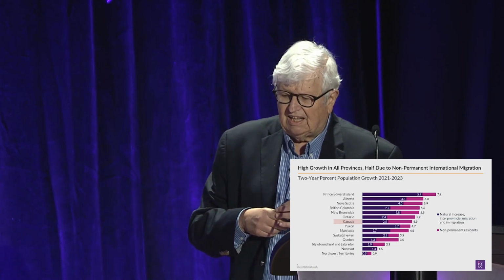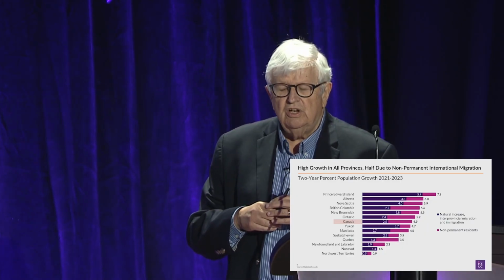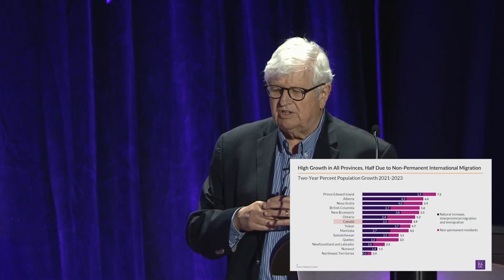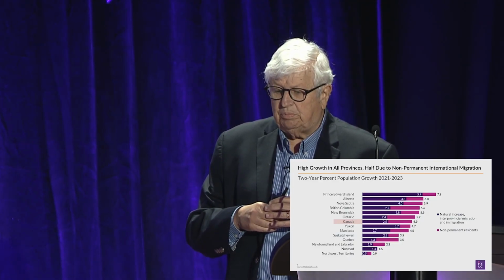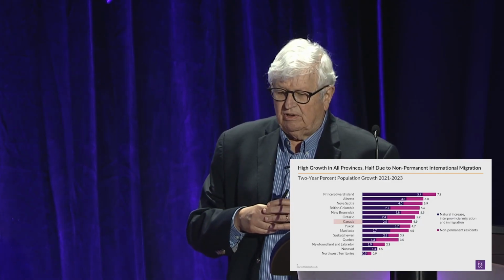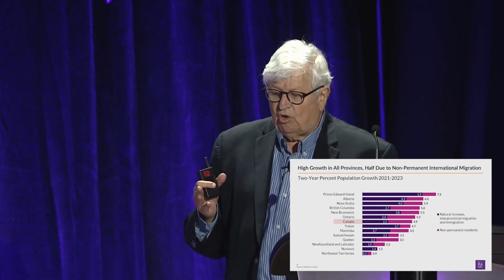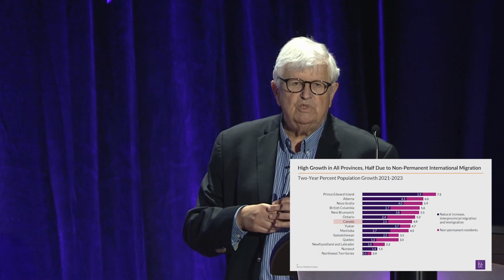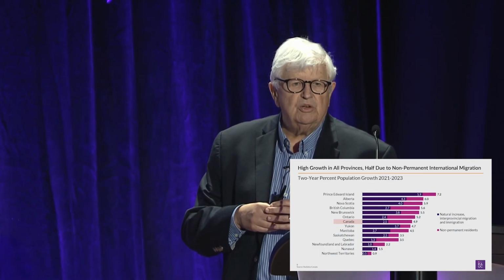If we look at the Canada level, about half of all our growth over the last 2 years was due to non-permanent residents, students and temporary workers. If you look at BC and Ontario, even more than half. For example, in Ontario, the growth rate was 5%. Under half of that was really immigration and provincial migration.